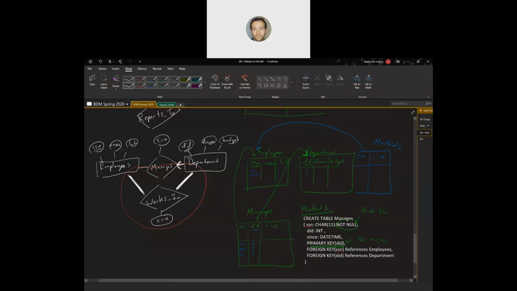Okay, do that here. Give myself some more room.